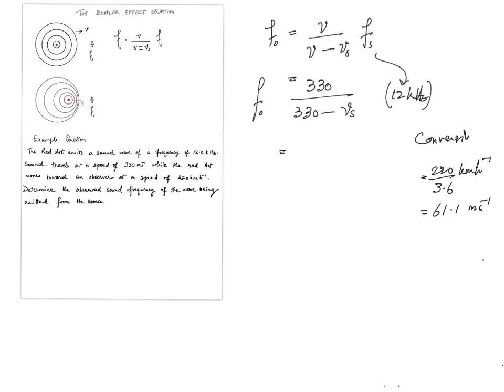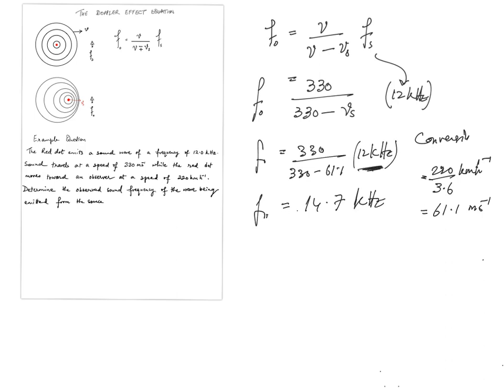So I can use that here. I get 330 upon 330 minus 61.1, and that's equal to the observed frequency, which obviously will be higher because it's approaching. So that's 14.7 kilohertz, because you multiplied it by 12 kilohertz.